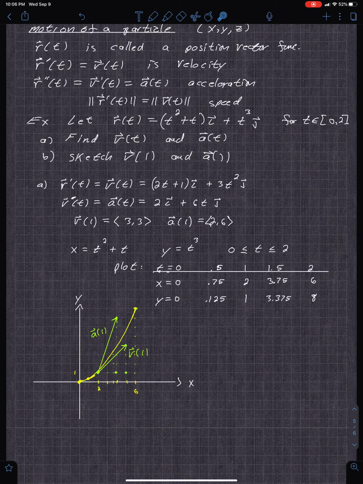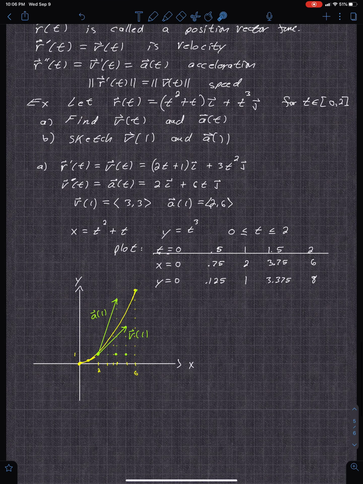And then the part that I wanted to be more clear on is when you plot v of 1, what I wanted you to do is actually count out v of 1, but start at r of 1, which is basically 2, 1. So you start here, and then you count 3, 3. 1, 2, 3. 1, 2, 3, and then there's your vector.